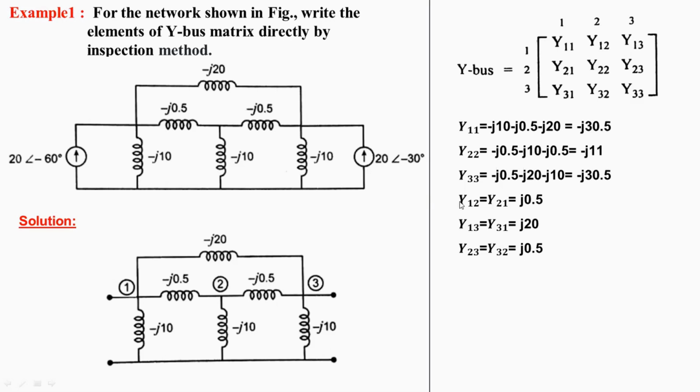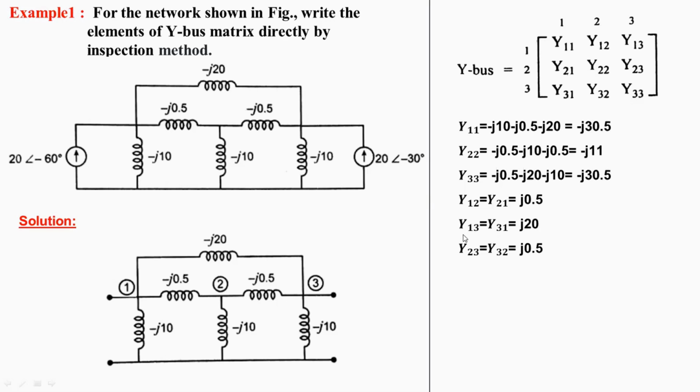For example, here Y12: this is the first node, this one is the second node. The element connected between 1 and 2 is minus j0.5. Here take the negative of the element connected between 1 and 2. So the negative of minus j0.5 is j0.5.